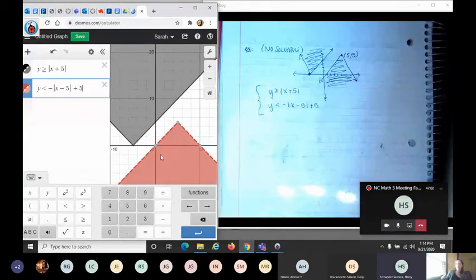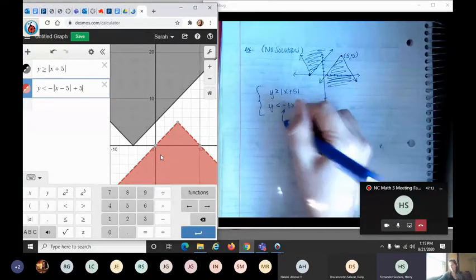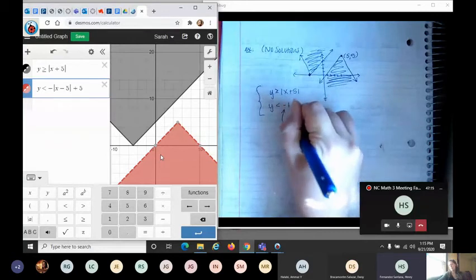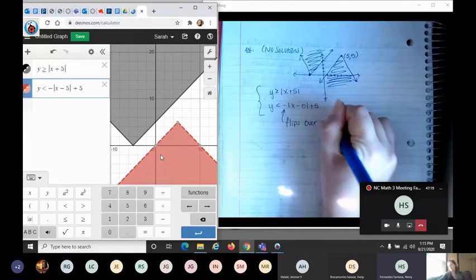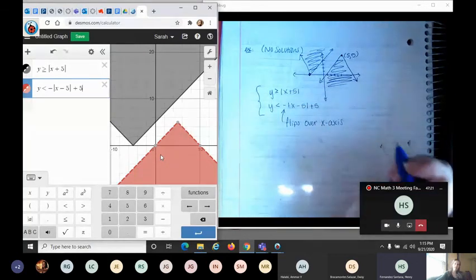Okay, if there are no questions, I got a question. Okay, bring it on. So the negative sign, right outside, that's what makes it flip over? Yes, it makes it flip over. Okay. I was trying to figure out how to flip it over and I couldn't figure it out.